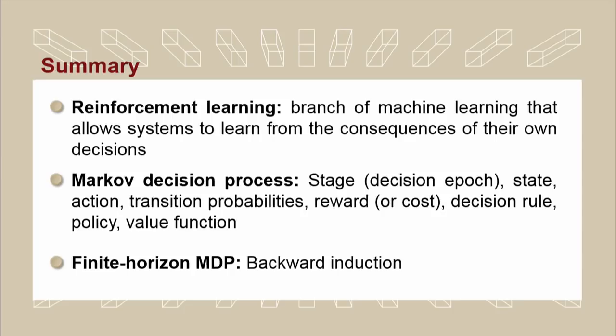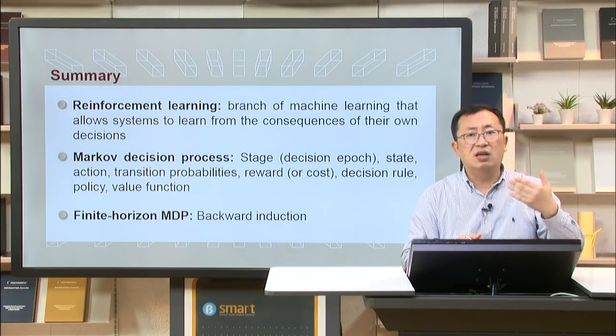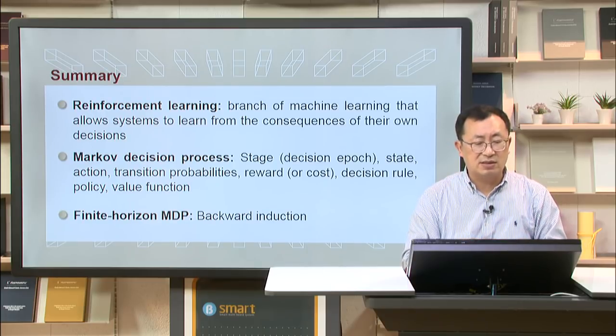And finally, we briefly learned how to solve a finite horizon Markov decision process by using backward induction. And in the next session, we're going to continue the discussion on the infinite horizon Markov decision process.